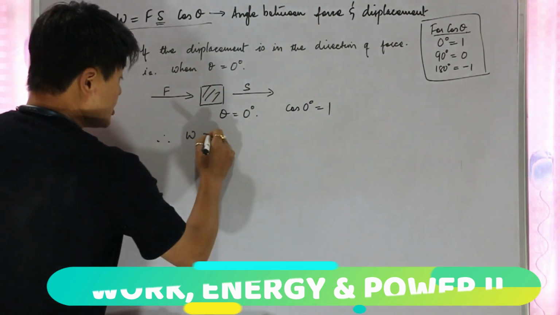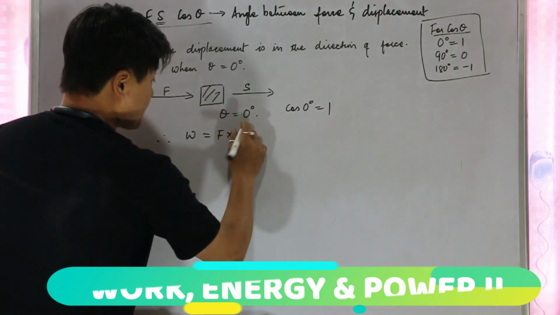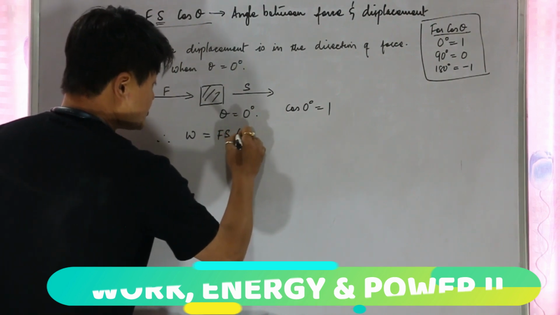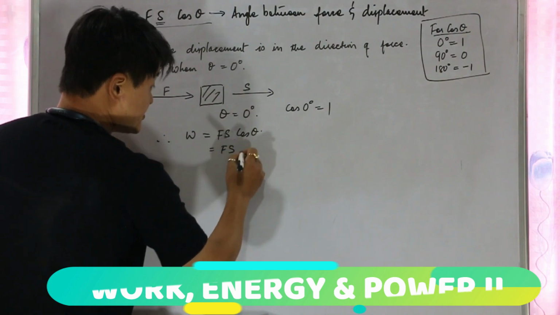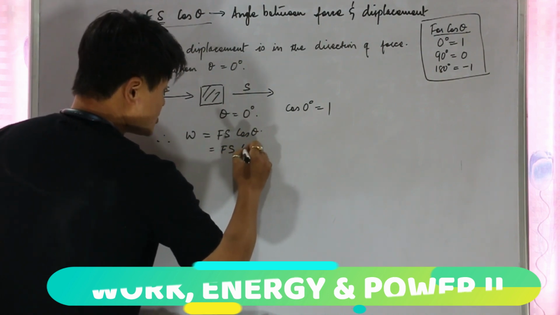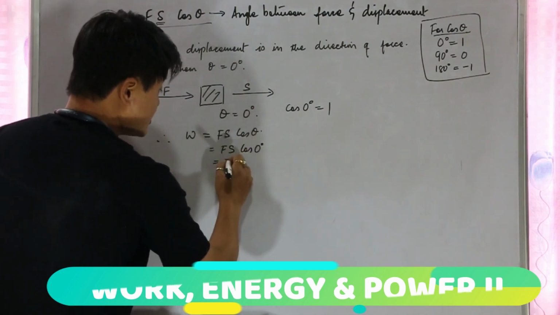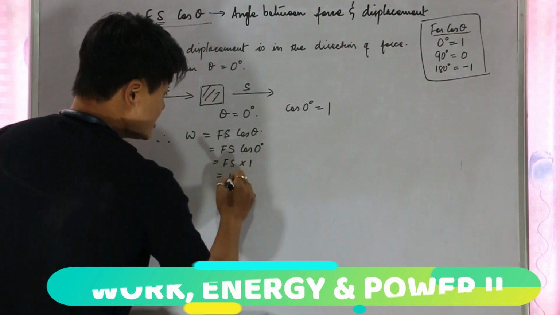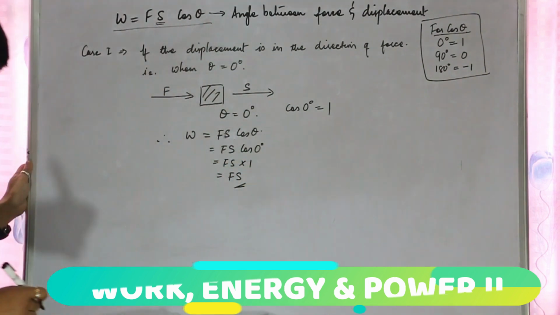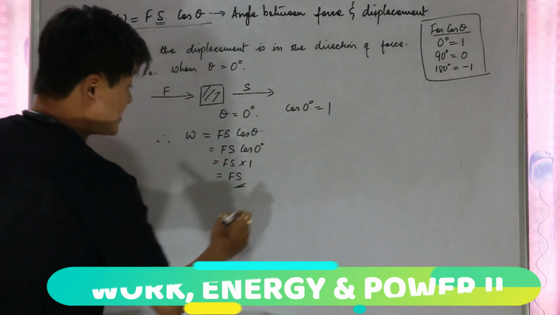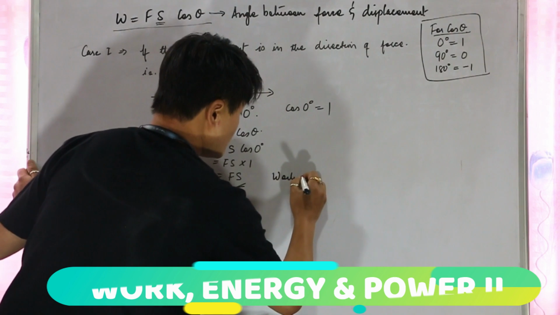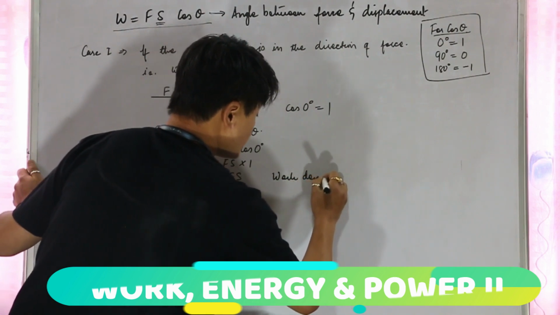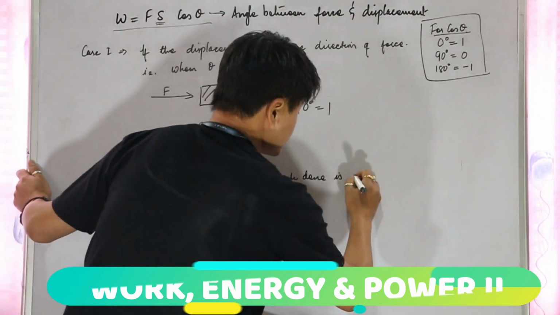Therefore, work done is equal to force into displacement into cos theta, and cos 0 degree is 1, so that is force into displacement. So at that time your work done is positive.